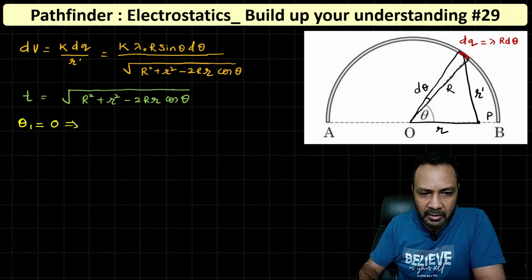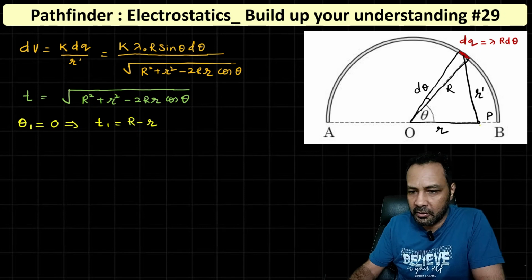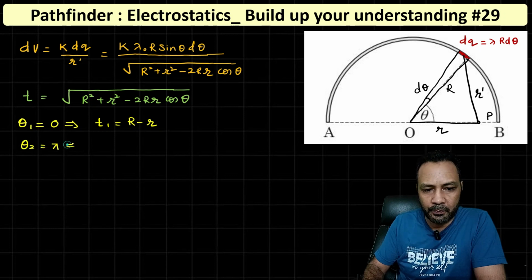So at theta 1 equal to 0, t will be capital R minus small r. And when theta takes its upper limit, that is pi, how much will t be?